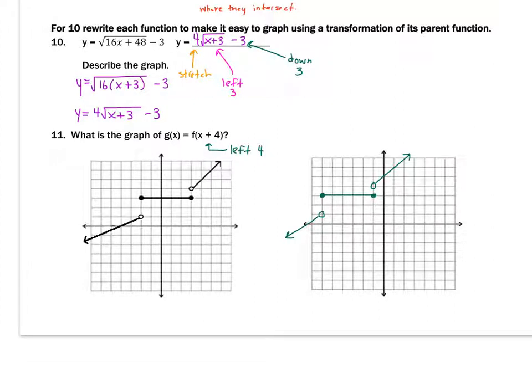And those are opposite of what we think. In this case, adding 4 inside, opposite of what we think, so this just shifts the entire graph left 4. So we just take all of our points from each part and shift them each left 4 units.